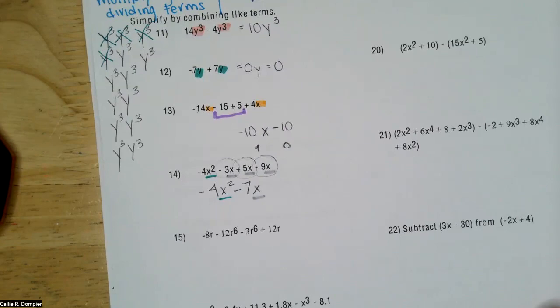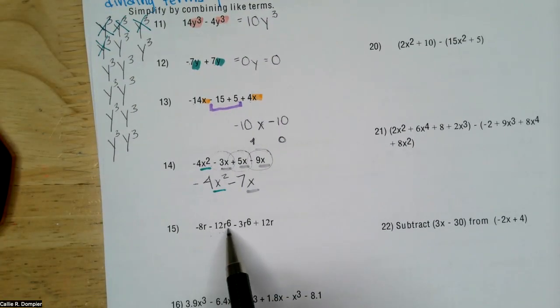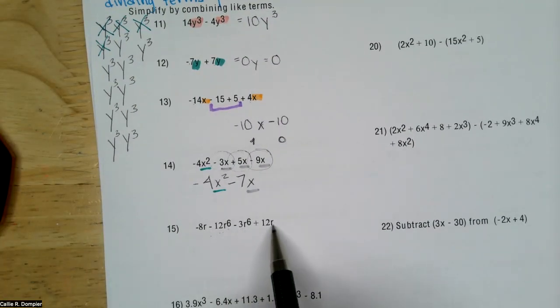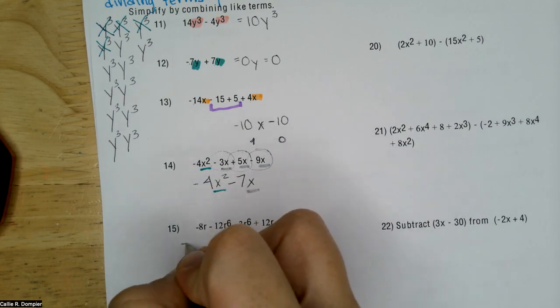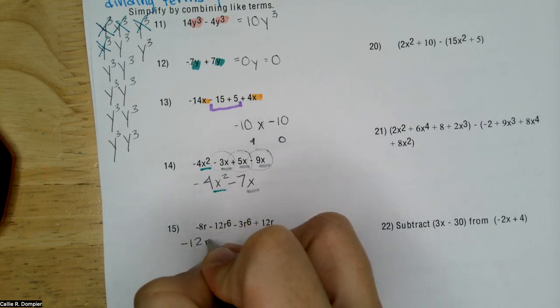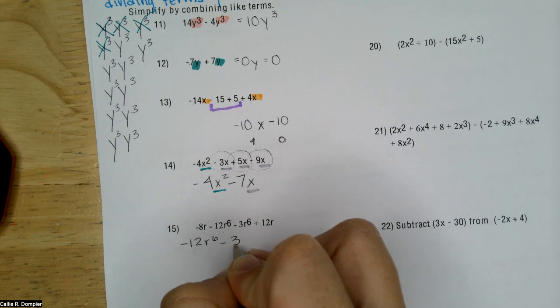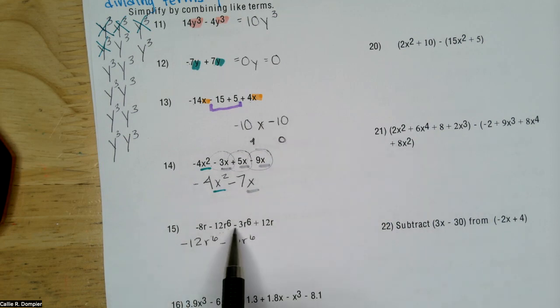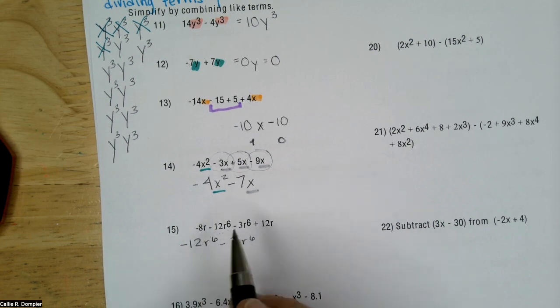Here we have negative 8r minus 12r to the 6 minus 3r to the 6 plus 12r. I also like to group. Again, make sure that you're keeping the negative sign with the coefficient. Good.